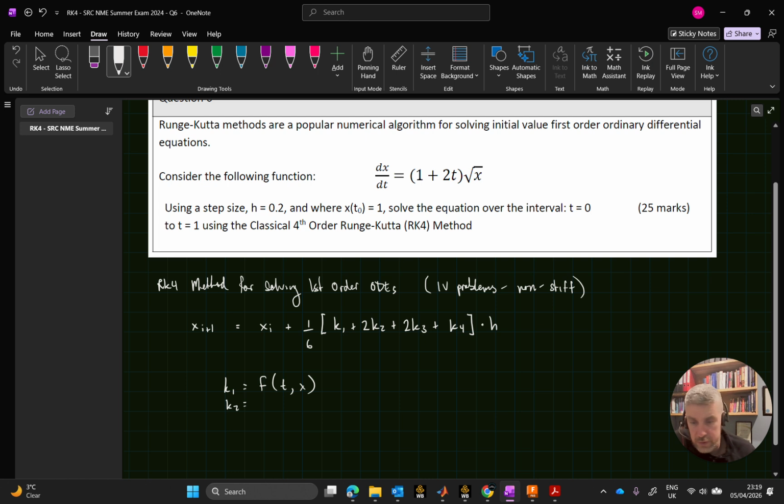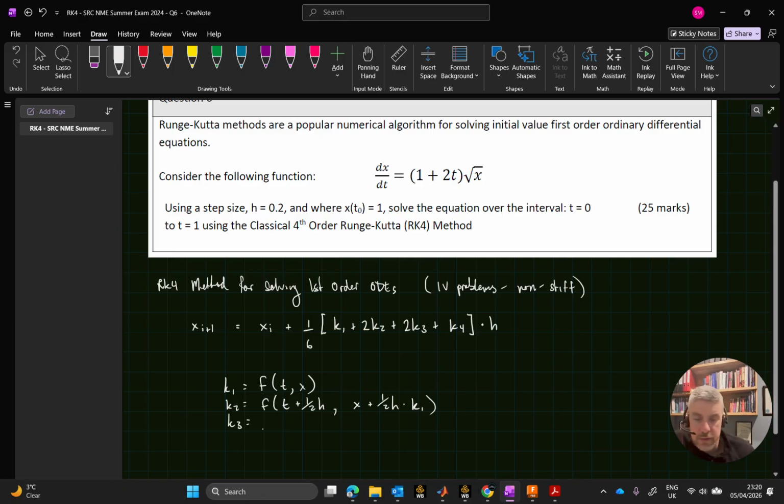K2 is also the function, and it uses the t, but it uses an adjustment, right? I'm going to take t, and I'm also going to take half a step forward. x, I'm going to take at the half a step multiplied by the K1 slope from before it.